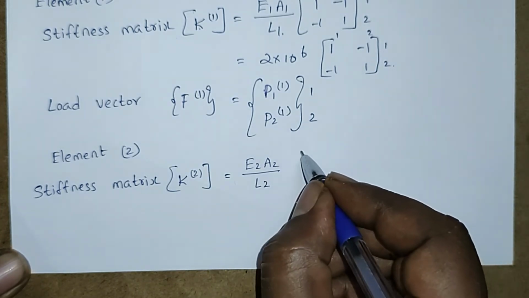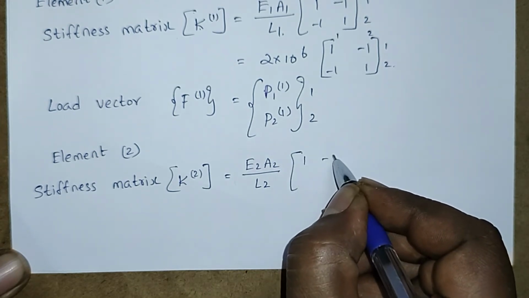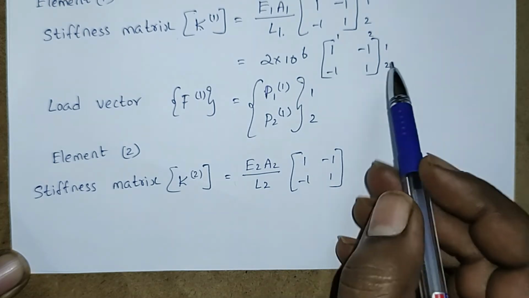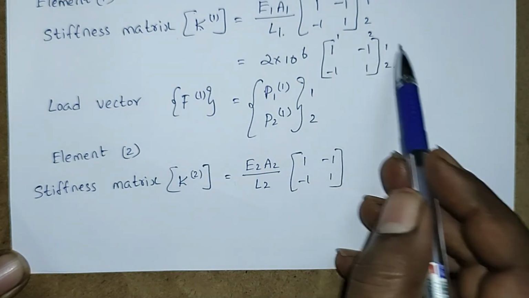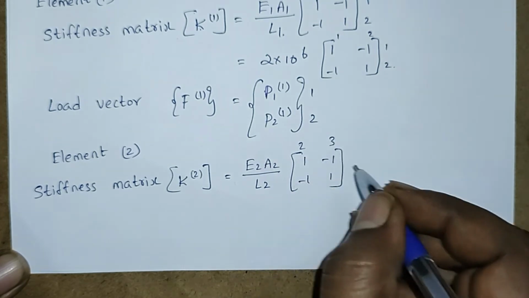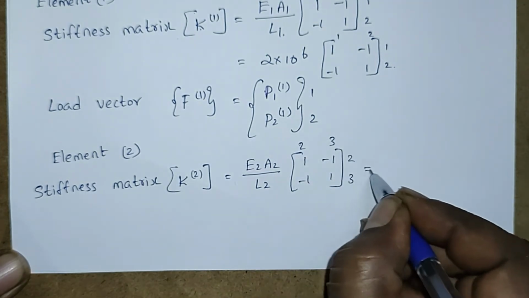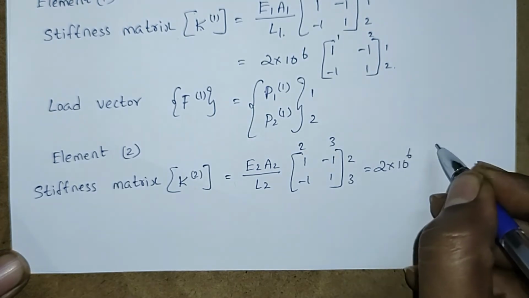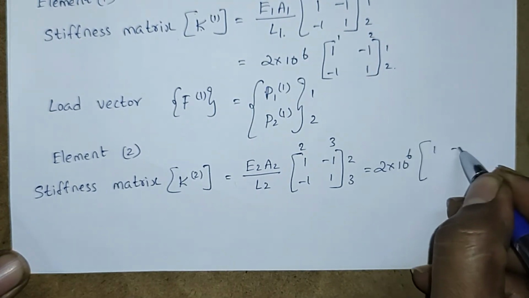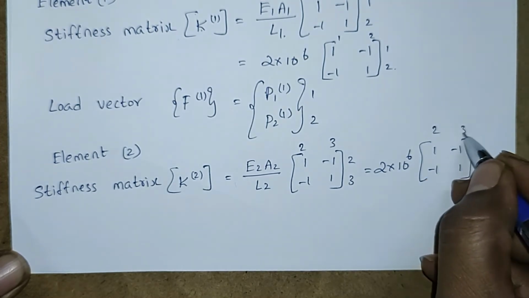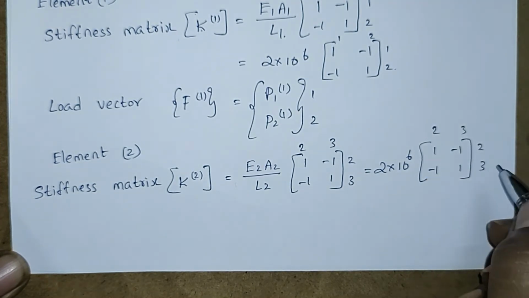So matrix 1 1 minus 1, minus 1 1. Here we have represented 1 2 and 1 2. Now we will write 2 3 and 2 3, so that is equal to 2 into 10 to the power 6 of the matrix 1 minus 1, minus 1 1, with 2 3 and 2 3.